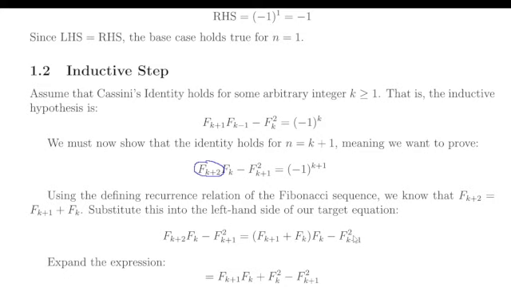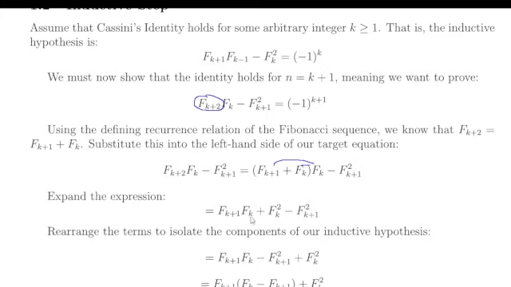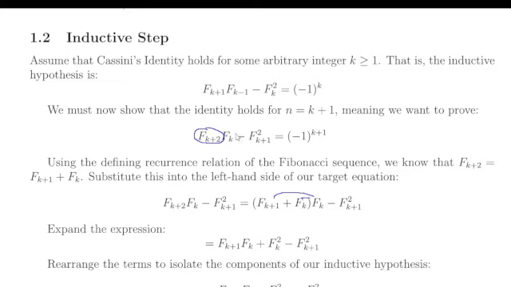So now we're going to distribute the f sub k. So that's f sub k plus 1 times f sub k plus f sub k squared minus f sub k plus 1 squared. We're going to rearrange these terms to isolate the components of our inductive hypothesis. So our inductive hypothesis was right here, f sub k plus 1 times f sub k minus 1 minus f sub k squared.